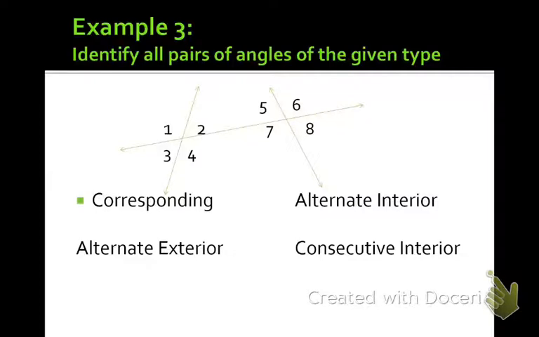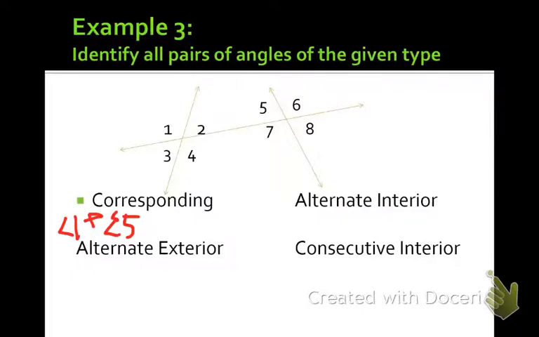What does angle 1 correspond to in the picture? Ryan: It corresponds to angle 5. If I took this intersection and slid it on top of the other one, the 1 would be on top of the 5. They correspond. They hold the same position.